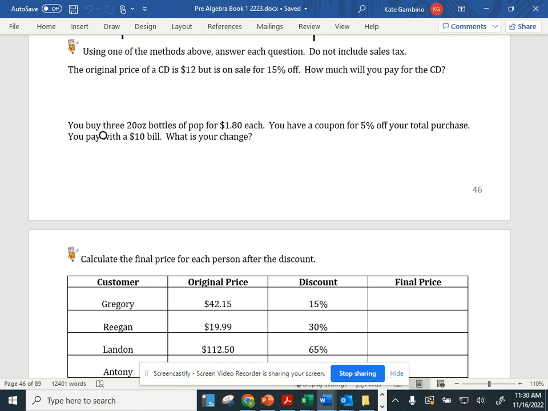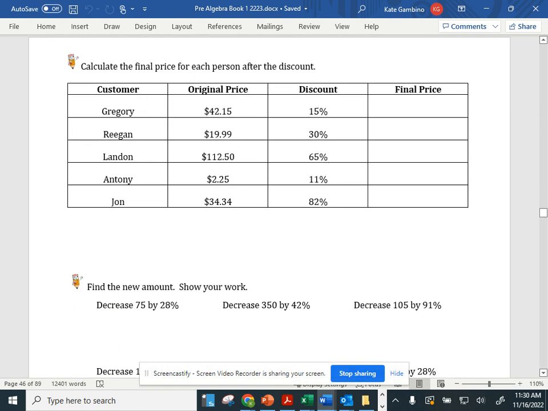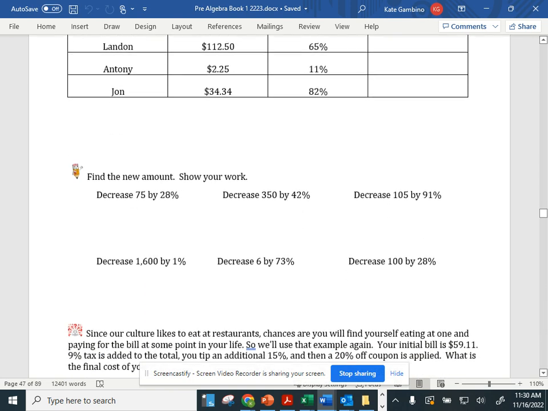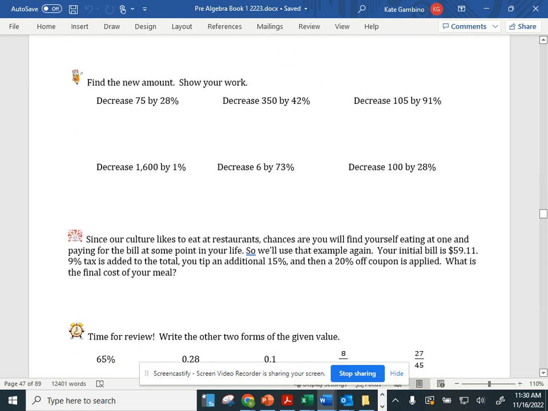We want 3. So make sure you're using the right total there. Finding the discount, same thing that we were doing when we were finding the tip. Same kind of math, except instead of adding that on, you subtract it off that original amount. Same thing we were doing. Finding that decrease, same thing that we did yesterday.